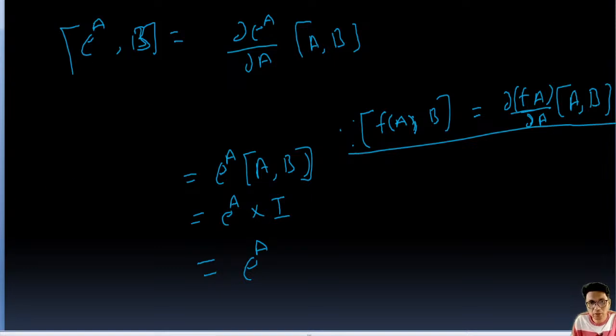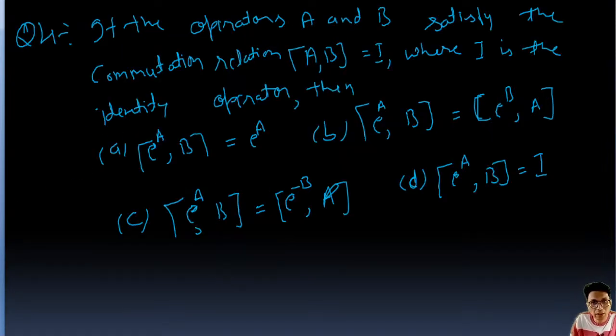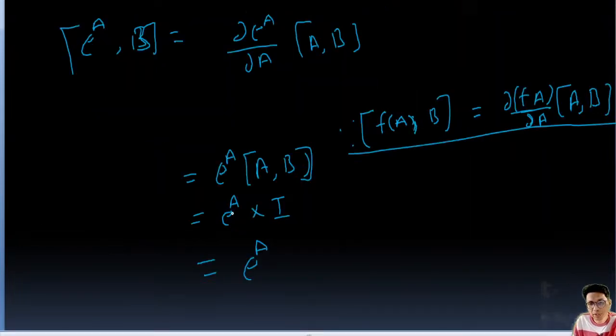We used this property, differentiated e^A with respect to A, and since the value of [A, B] is I, the result is e^A. So option A is the correct one, guys.